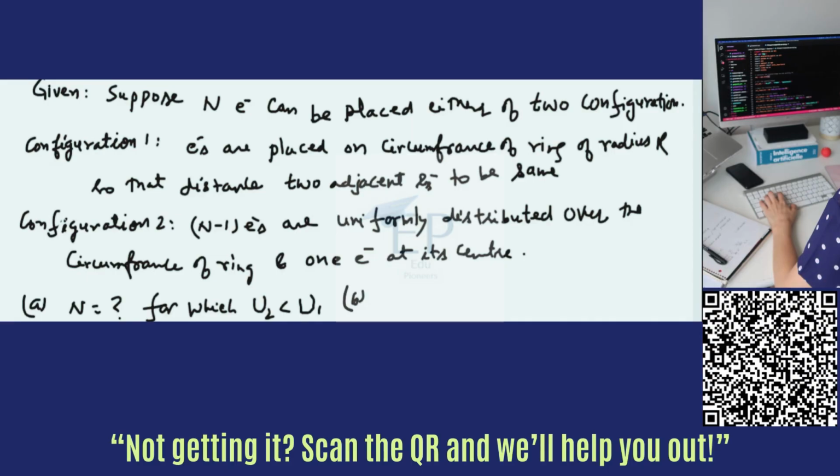Second, for the given value of n, consider any one circumference electron, call it E naught.